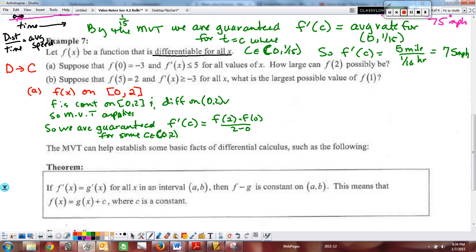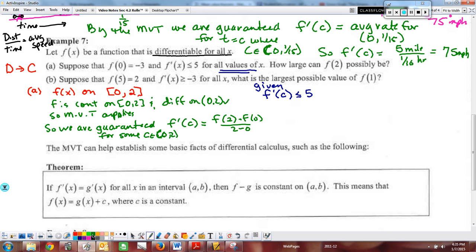Now we also know, which was given to us in the problem, that f prime of c has to be less than or equal to 5. Right? Because all values of x have an instantaneous rate less than or equal to 5. Therefore, f prime of c is less than or equal to 5.